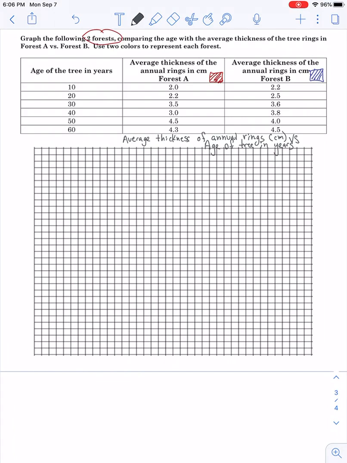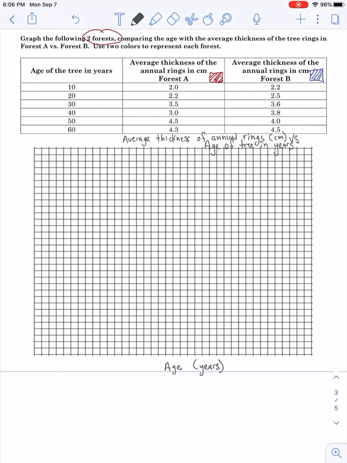Now we have to come up with a consistent scale for our X and our Y axis. So here's the x-axis, and this is going to be age. And we have to get up to 60, but just eyeballing this, I don't think that there's 60 individual little blocks here.